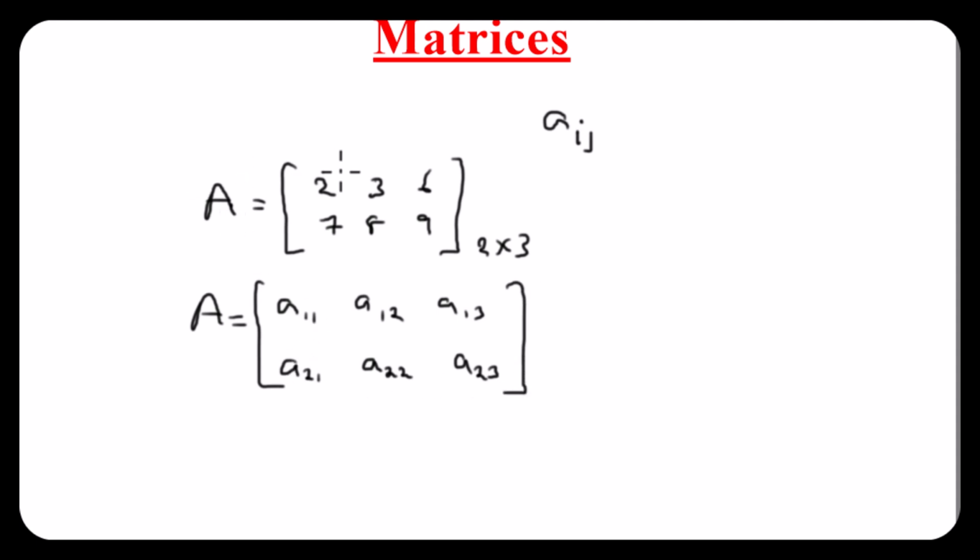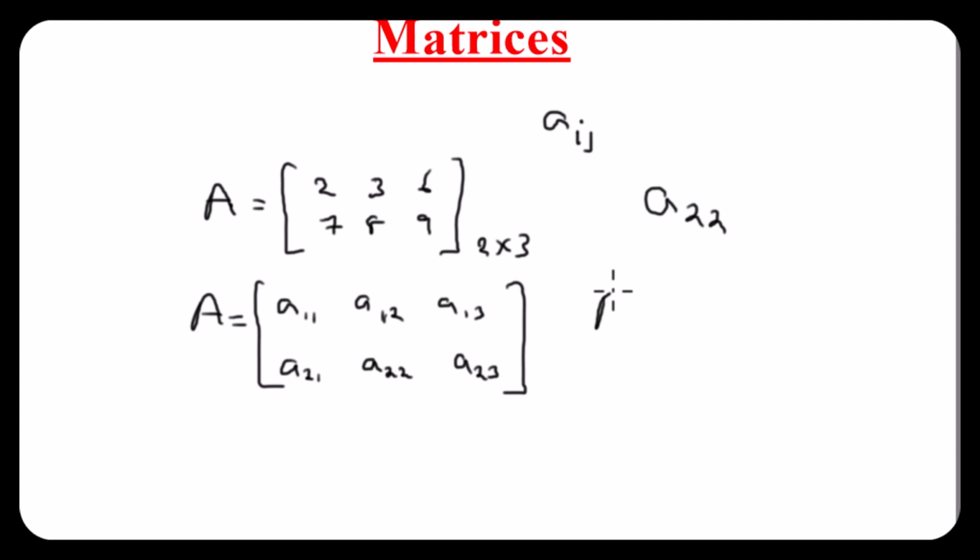So you can see, we already said this 3 is in the first row and second column. If you look at its unique identifier, A1 signifies the first row, and the following 2 describes its column's position, hence A_ij. So if I were to call out, let's say 8 now, 8 will have a unique identifier of A22.